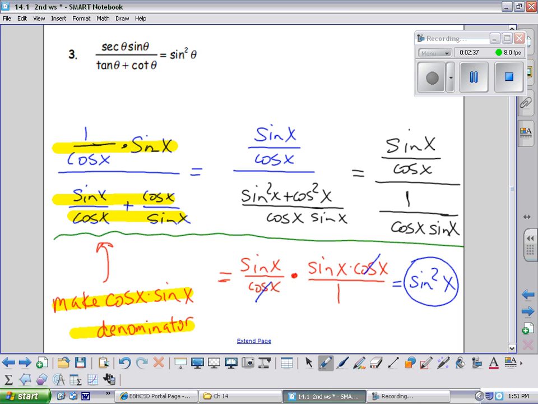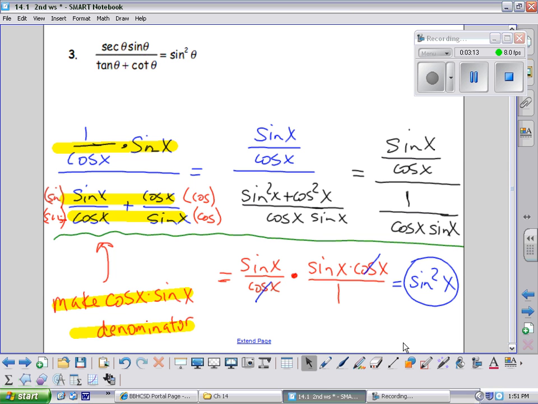Let's put this in red. I want to multiply by sine over sine here, and over here, the denominator is missing cosine, so cosine there. Do that multiplication, and I get over to here.